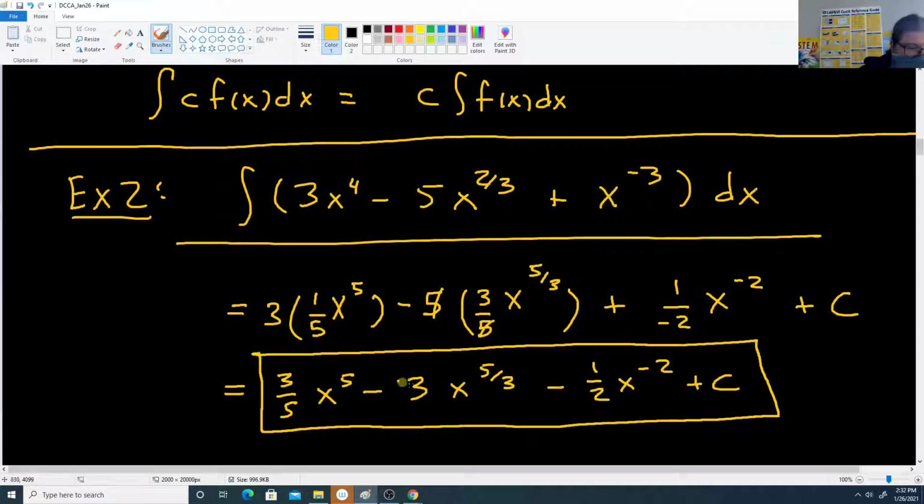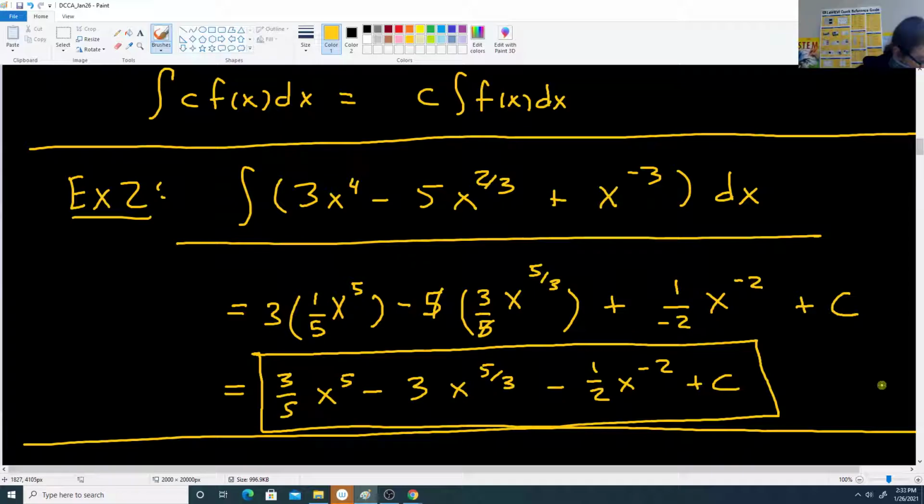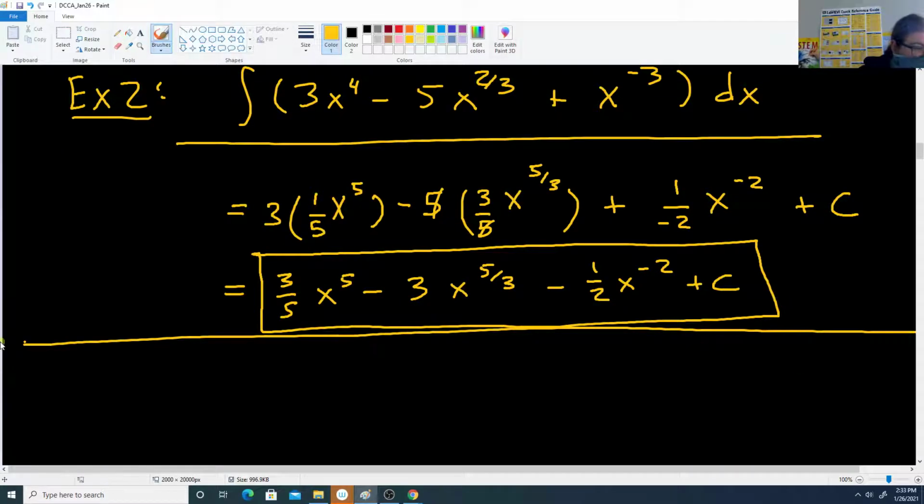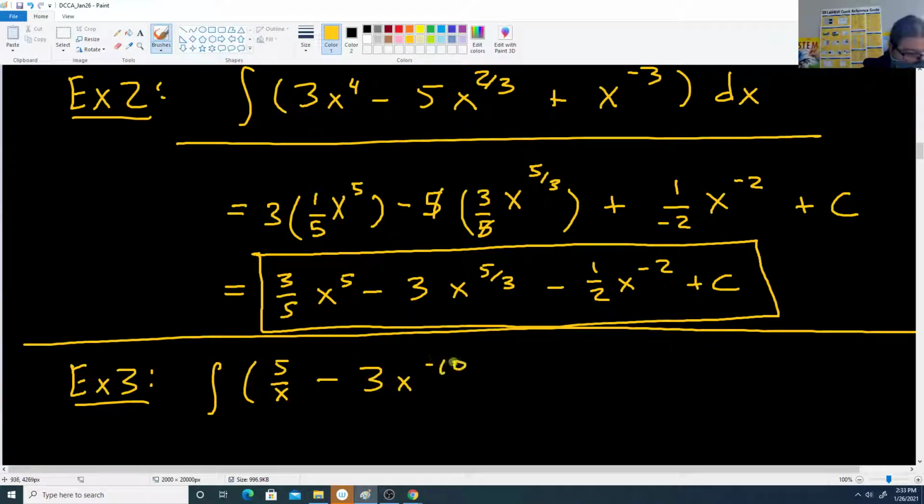If we take the derivative of this, it turns into that. Could also say this is the indefinite integral of that statement there. So let's look at a couple more of these. We want to find the indefinite integral of 5 over x minus 3x to the negative 10 dx.